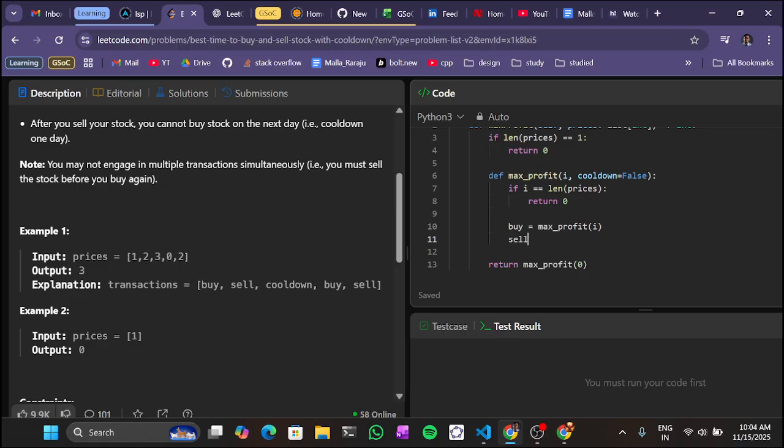And sell will be, you can buy on 1 and sell on 2 or sell on 3.